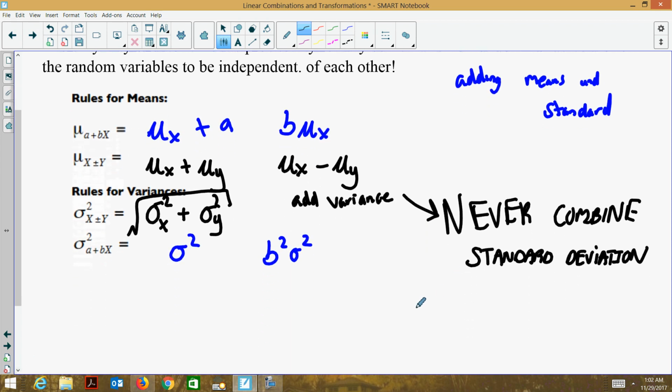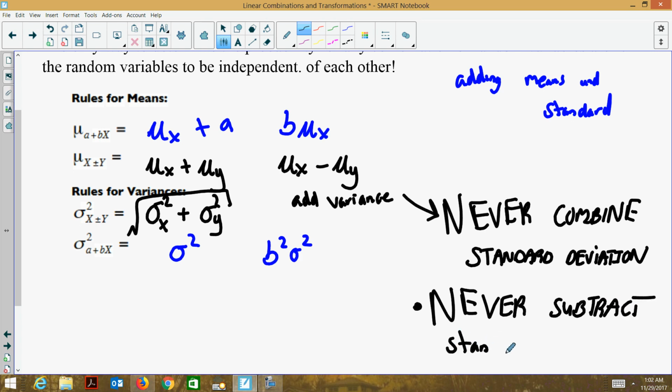Rule number two is actually pretty simple. You never subtract standard deviations. Even if the problem says something along the lines of subtraction, you don't subtract standard deviations. When it's asking you to subtract, you still combine them as if you're adding, because standard deviation talks about the distance.